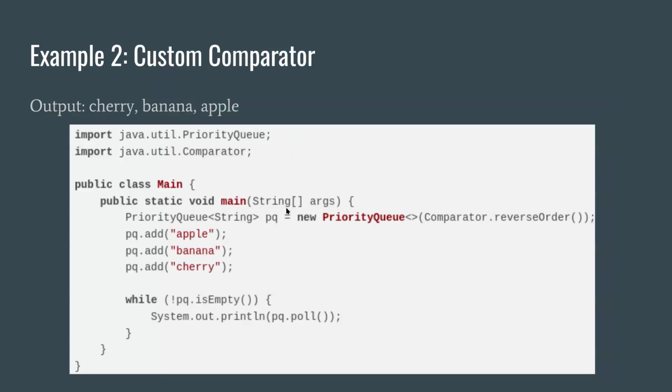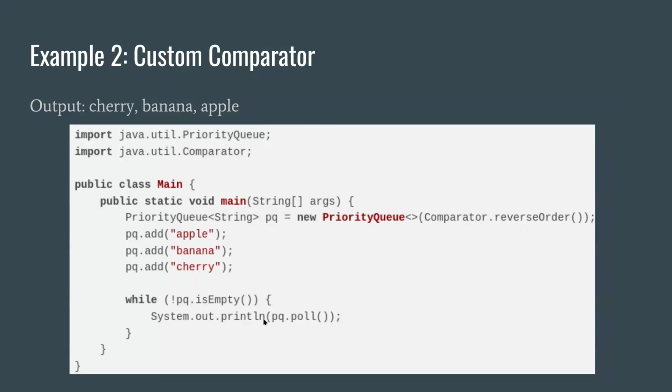Now let's see an example with a custom comparator. So this time we are creating a priority queue of strings, and in our constructor we are passing comparator reverse order. So the elements will be stored in reverse alphabetical order, and we are adding 3 elements: apple, banana, cherry.